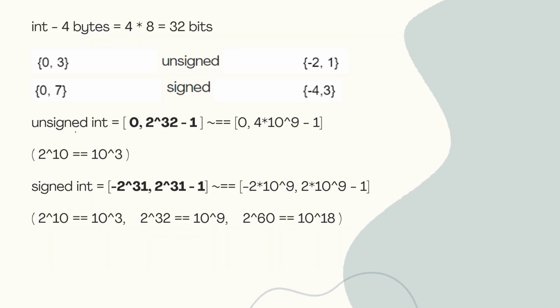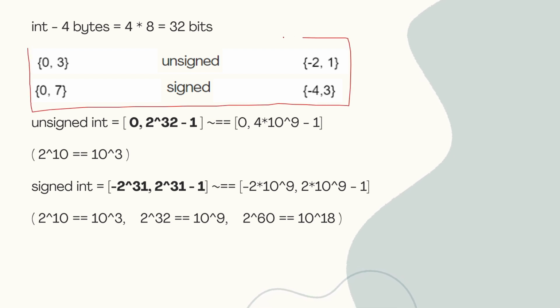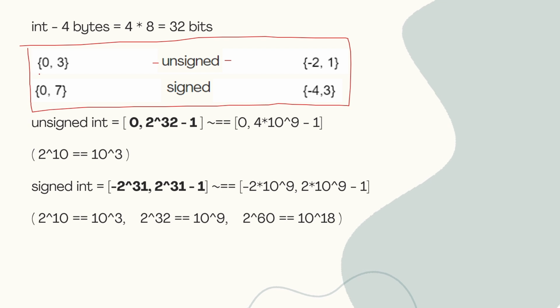Now what we are going to see, I have written the same thing that we got previously here. You can clearly check, for unsigned this is the range for 2-bit representation, and this is for 3-bit representation.